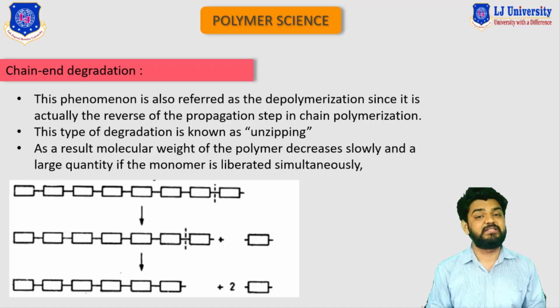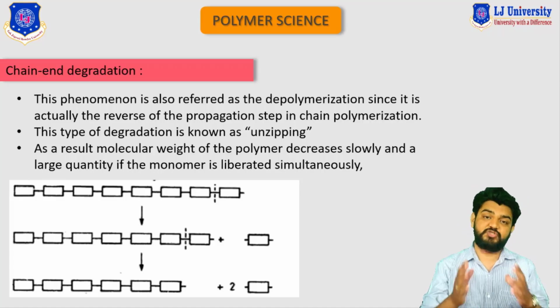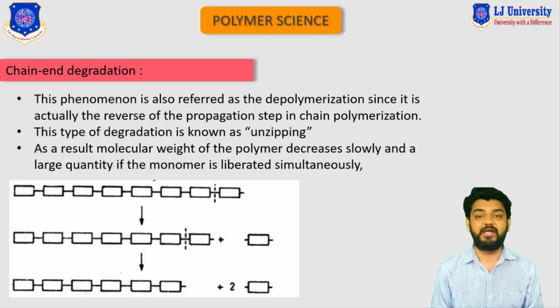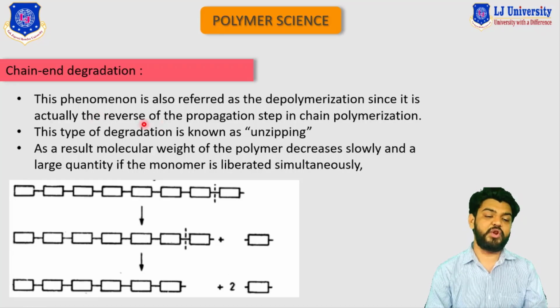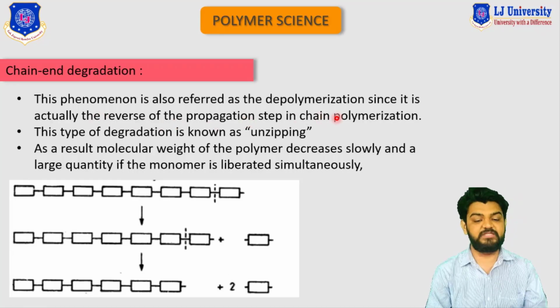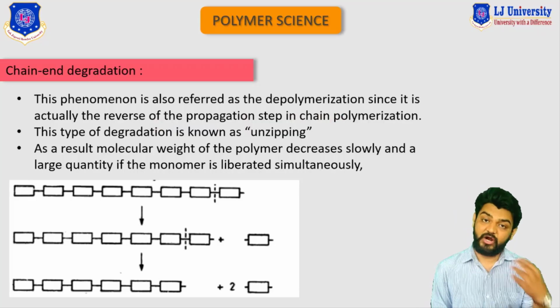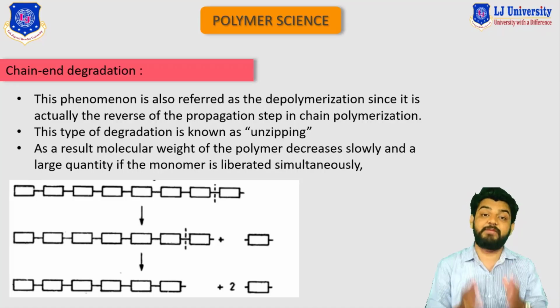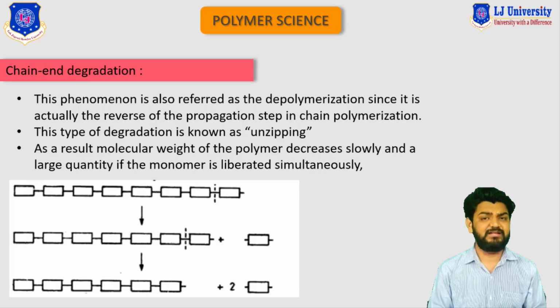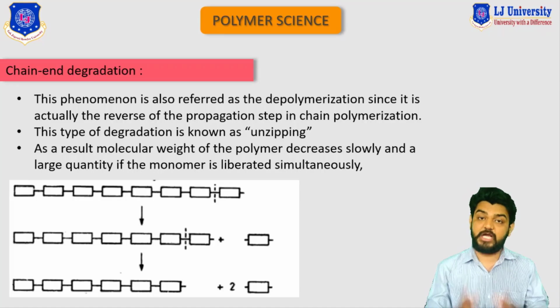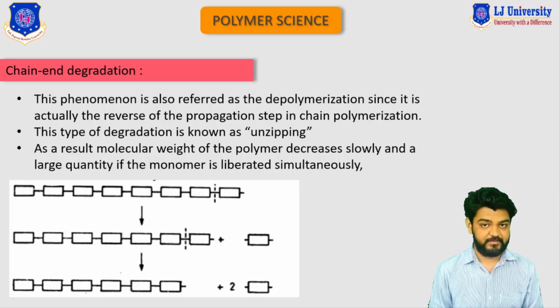This is why this specific degradation of polymer is also referred to as depolymerization, since it is actually the reverse of the propagation step in chain polymerization. In the third chapter, we already understood what we mean by the propagation step. And this specific degradation is the completely reverse phenomenon of the propagation step.